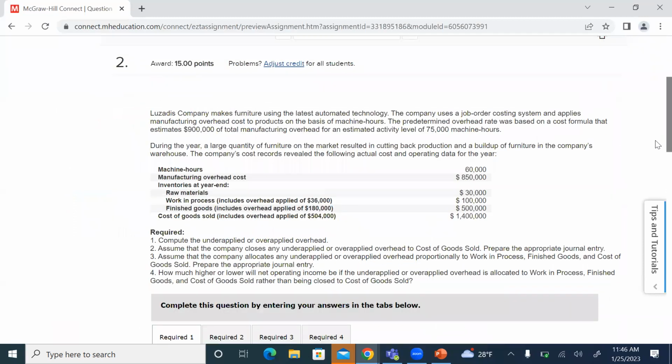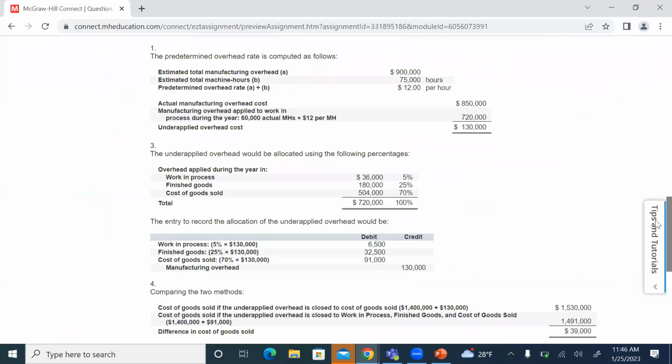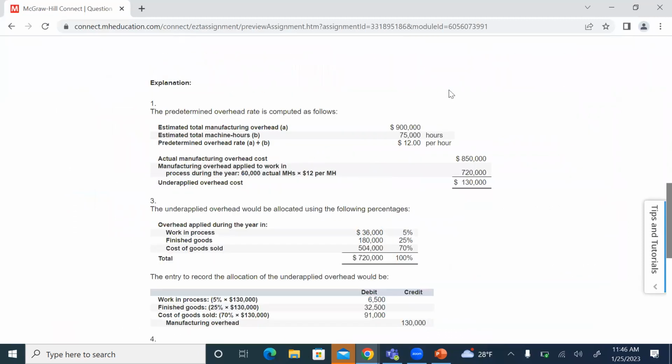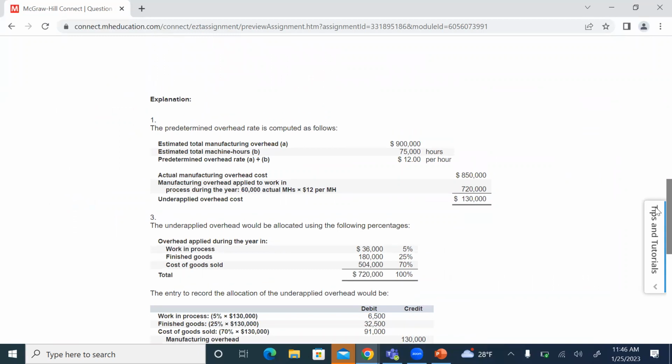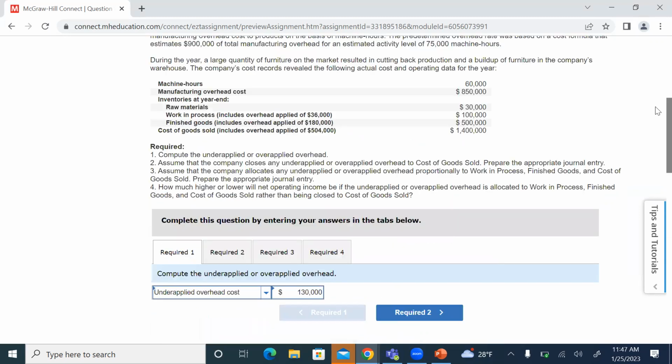The way we figure out that it was underapplied is we will take the estimated total manufacturing overhead. We'll take our total estimated machine hours by that predetermined rate, and we can see what we estimated, okay? We know we actually showed 850,000 of manufacturing overhead.